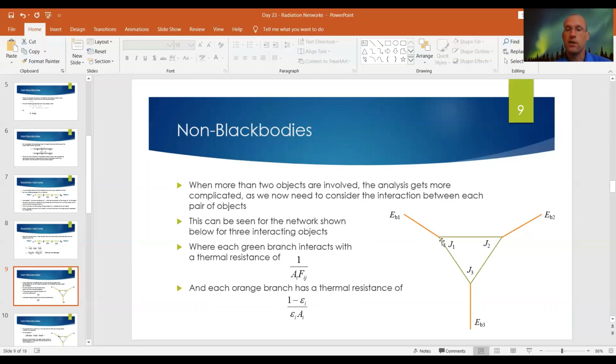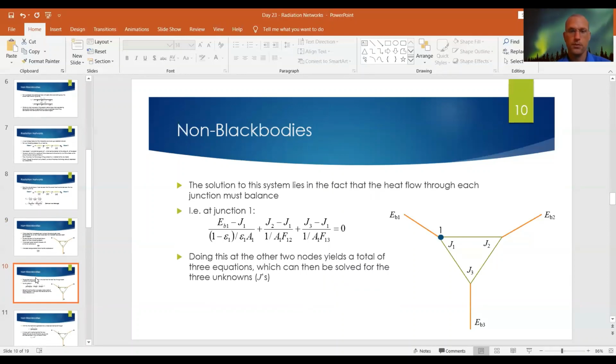Then once I'm at the J's, for the J's to interact with other J's, those are all done through shape factors. So J1 has to have some of its energy go to J3, some of its energy goes to J2, and that's given by these 1 over A1 F12 or 1 over A1 F13, whichever two things are interacting. Those are my green line resistances through those networks.